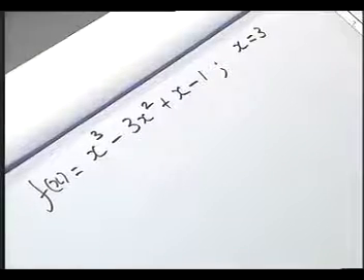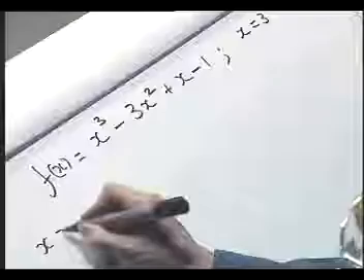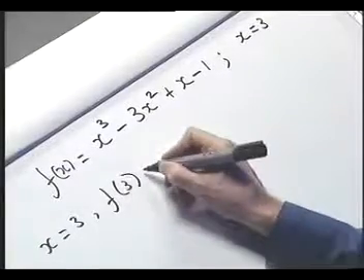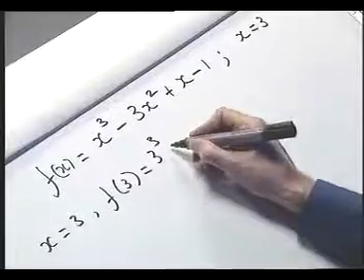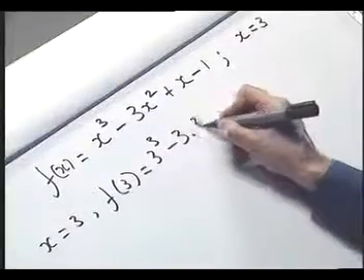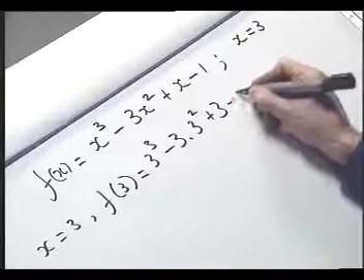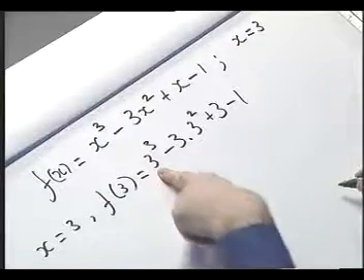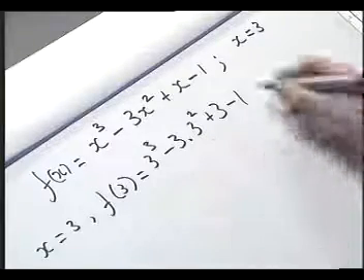Well, at the point where x equals 3, the first thing we're going to find is where this point is on the curve. So we take x equals 3 and we'll find f of 3. So that's 3 cubed minus 3 times 3 squared plus 3 minus 1. 3 cubed is 27, 3 squared is 9, and 3 nines are also 27.